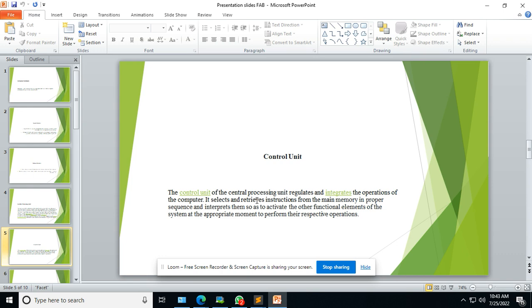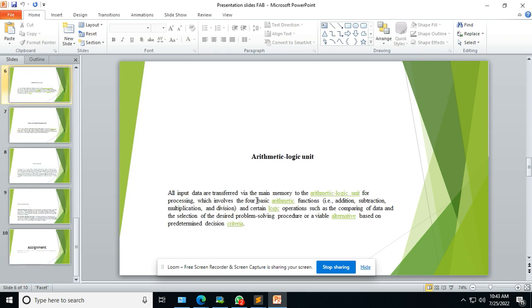Another function is the arithmetic logic unit, which handles the four basic arithmetic functions: addition, subtraction, multiplication, and division. It also handles certain logic operations, such as comparing data and selecting a desired problem-solving procedure. Those are the two common functions of a central processing unit.